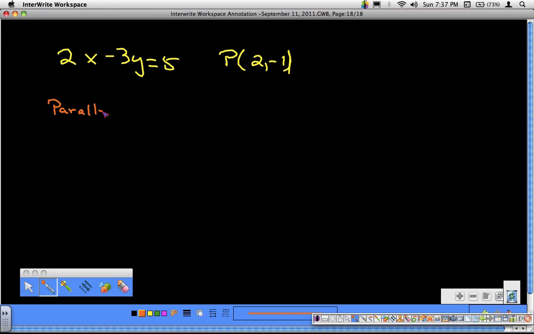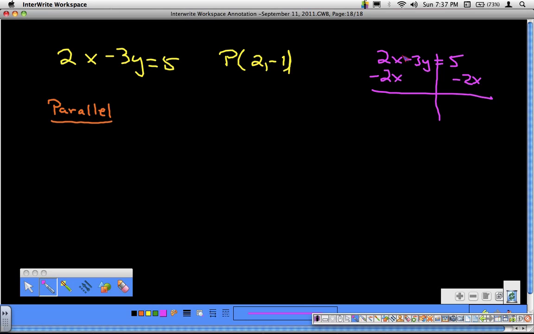If it's parallel, remember, we need to have a line go through this point, but be parallel, or have the same slope as this equation. So let's do a little side work here. Let's take our 2x minus 3y equals 5, and break this down so we can actually find our slope. We're going to subtract 2x on both sides, cancel that, bring down the -3y.